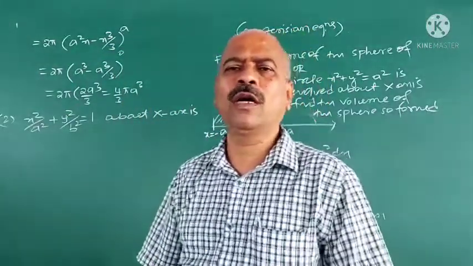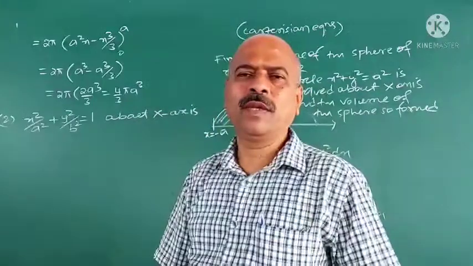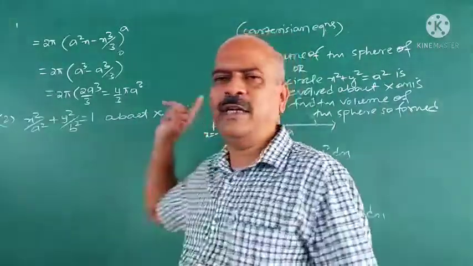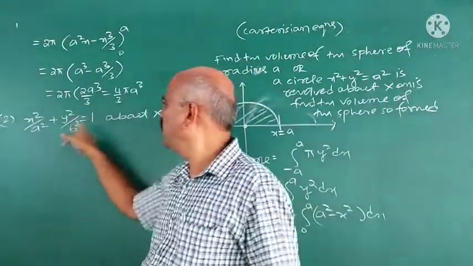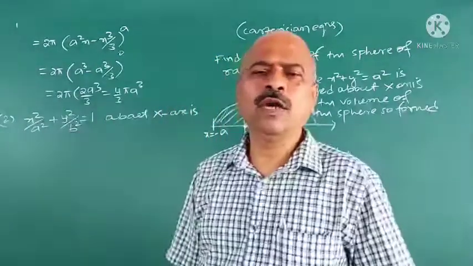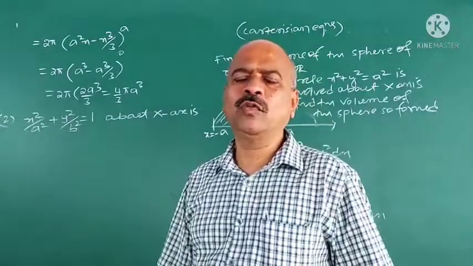You might not have come across this one. Sphere you have studied, but when we revolve an ellipse about the x axis, what is the volume of the solid so formed?